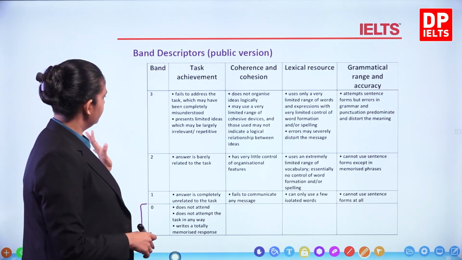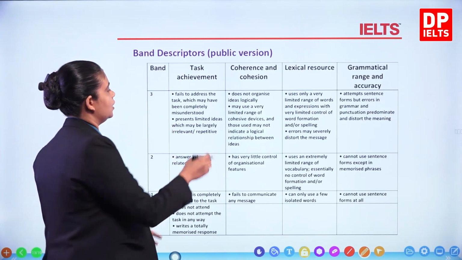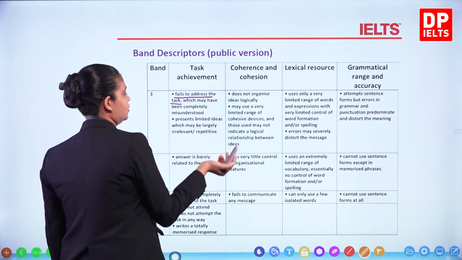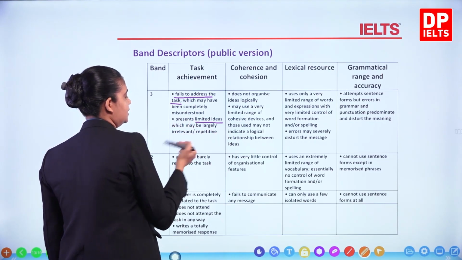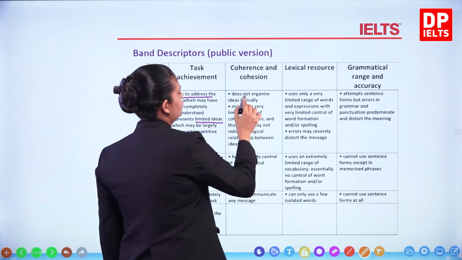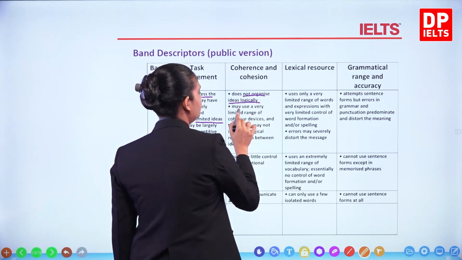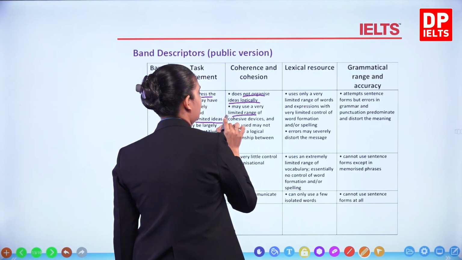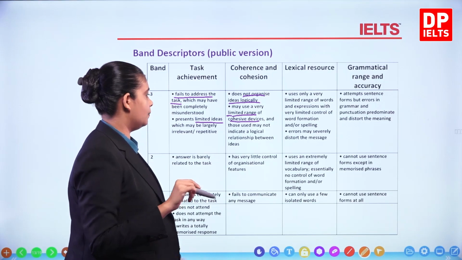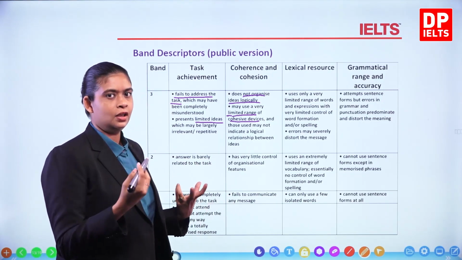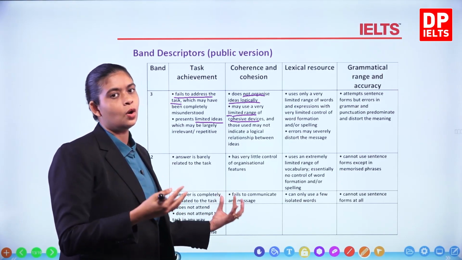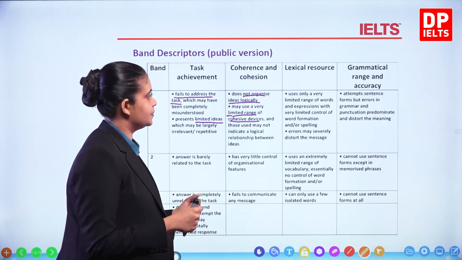So here, 3 means you fail to address the task. Basically, you don't address it. You've not understood it. You have only limited ideas. You don't organize your structures. You use a very limited range of cohesive devices, and those also don't really create that logical structure or the link between sentences or paragraphs.